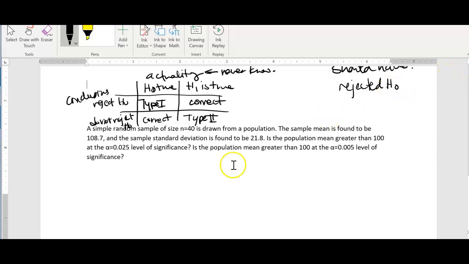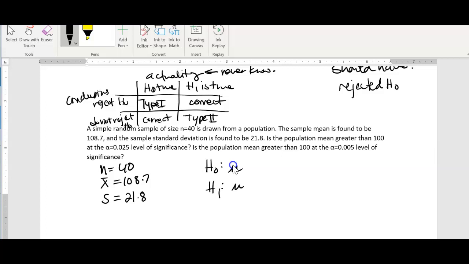So we go through and we have our n is 40. My sample mean, which is x bar, is 108.7. My sample standard deviation, which is Sx, is 21.8. My two hypotheses are, we're dealing with a mean, so we're going to use the population mean, because our hypotheses are about our population parameter.